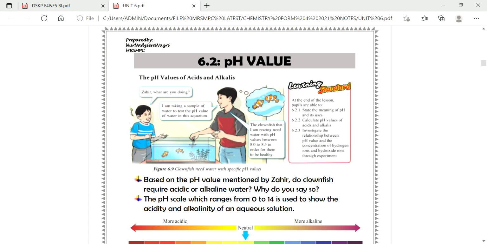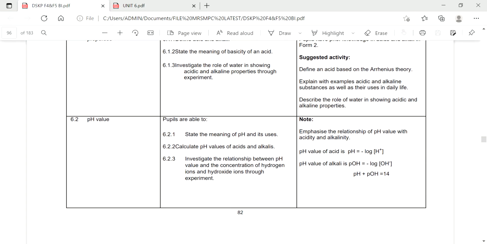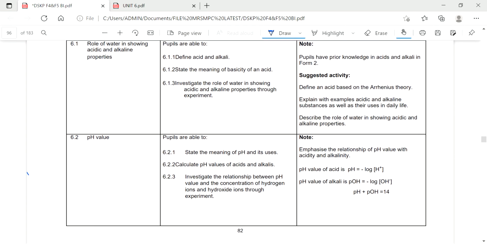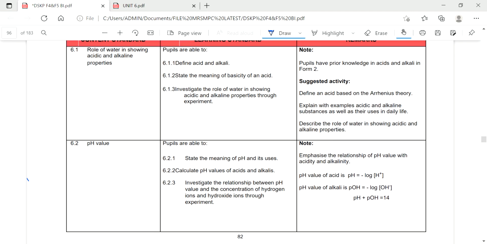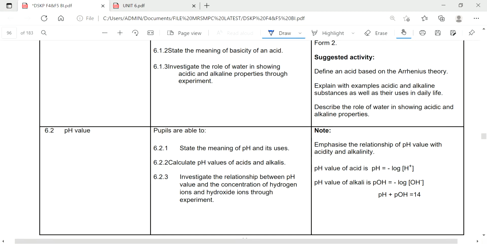Alright, first things first, we go to the SKP. Focus on 6.2 pH value. The learning standard objectives for this subtopic that you need to achieve after the lesson: make sure, students, you must be able to first, state the meaning of pH and its uses.